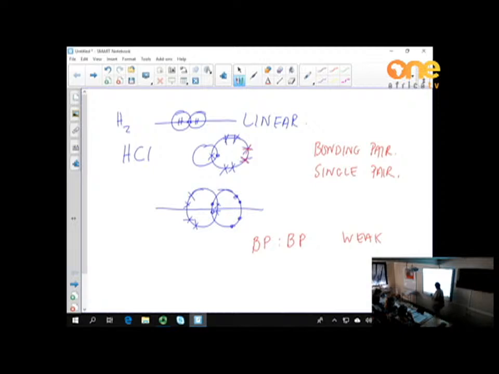When I have bonding pair, single pair repulsion, it is slightly stronger. And when I have single pair repulsion, it is, relatively speaking, very strong.